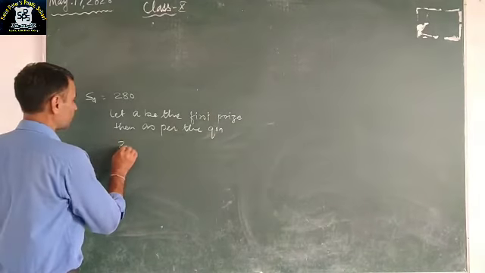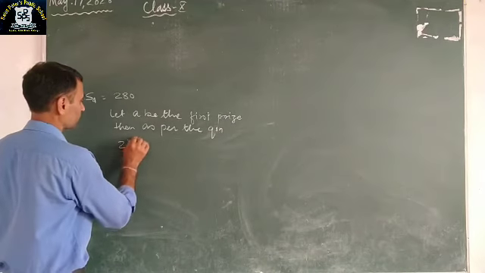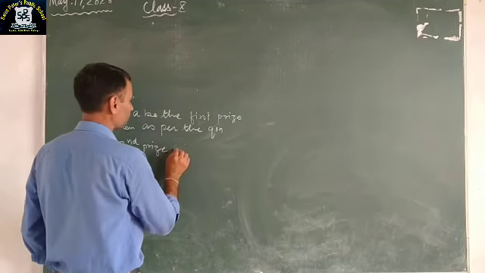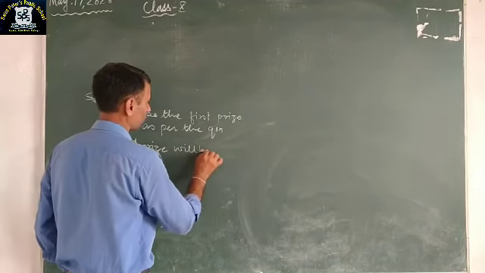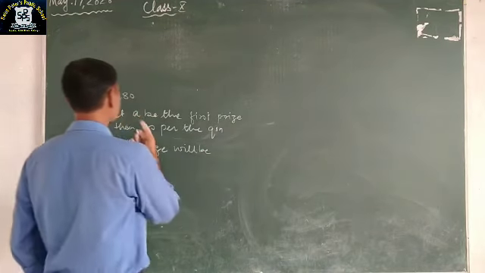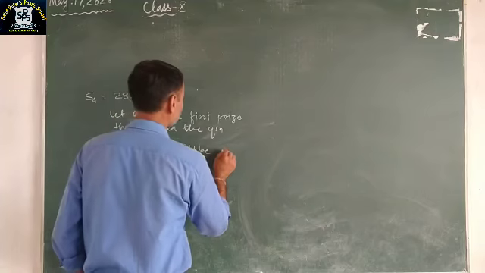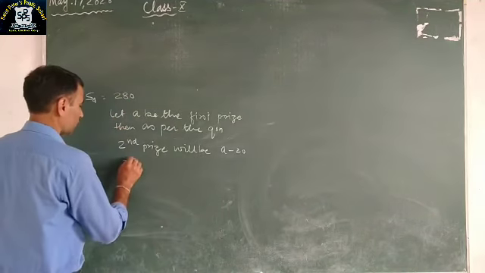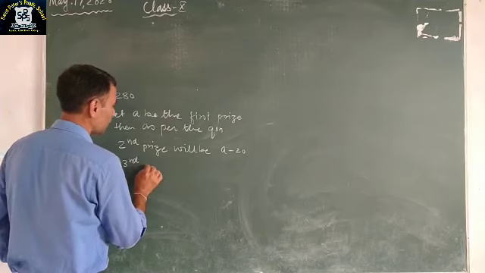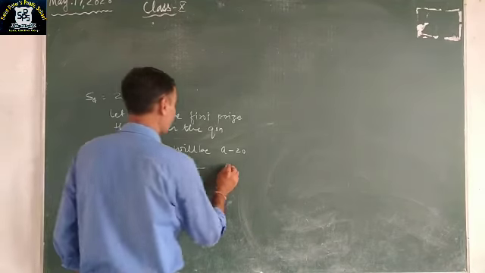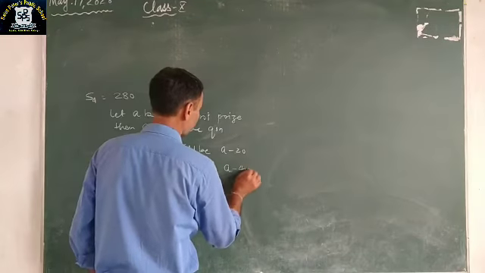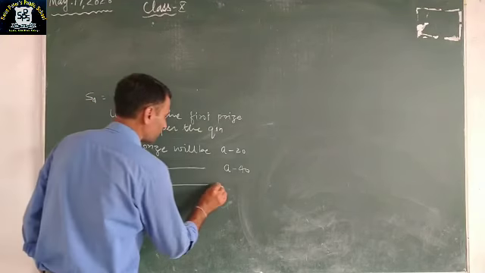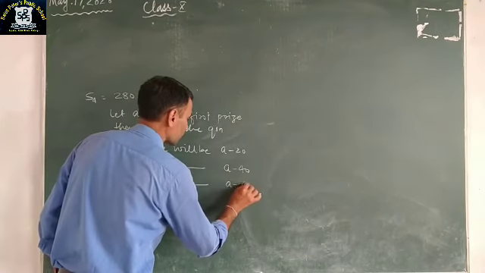So the second prize will be 20 rupees less than its preceding prize, so it's A minus 20. Similarly, the third prize will be A minus 40, and the fourth prize will be A minus 60.